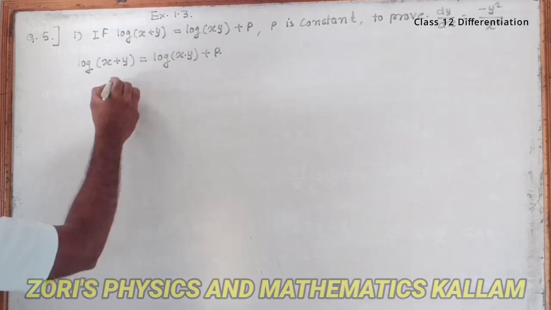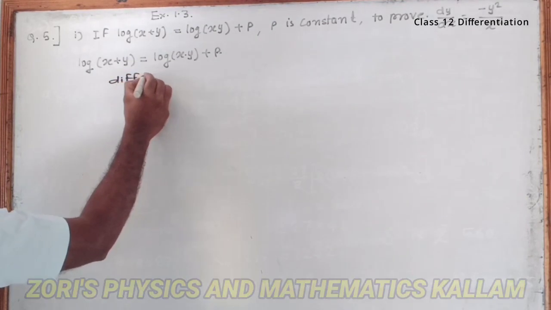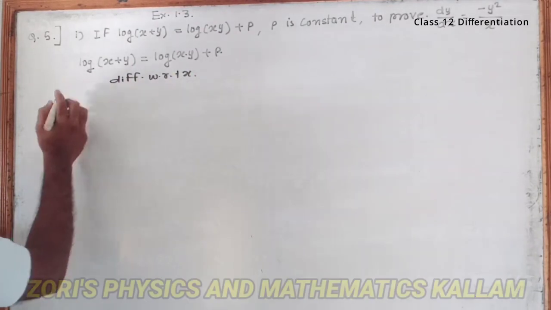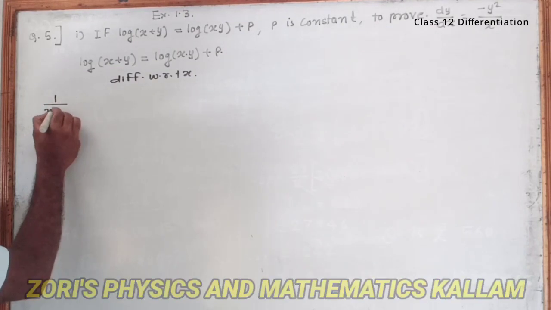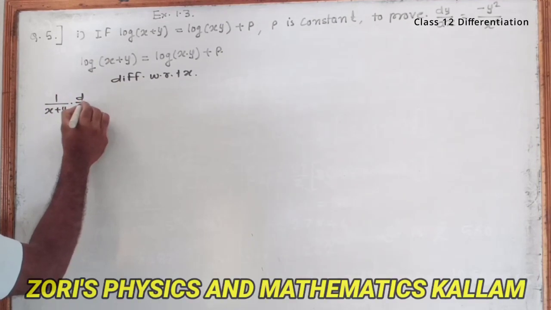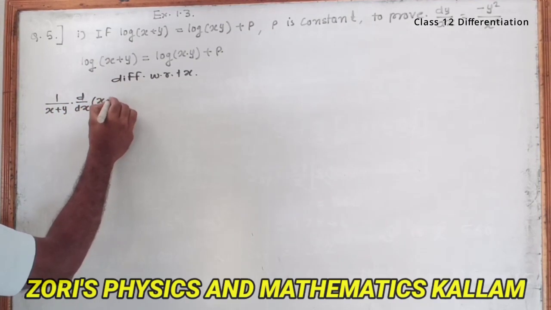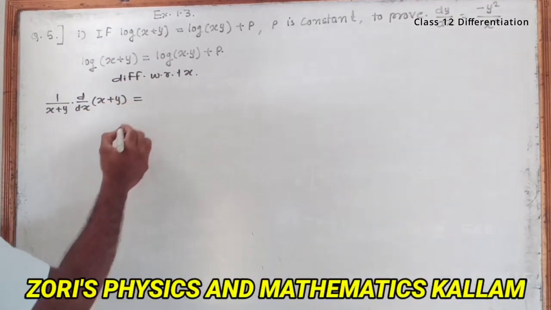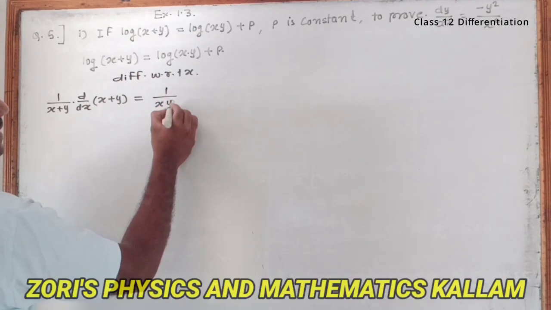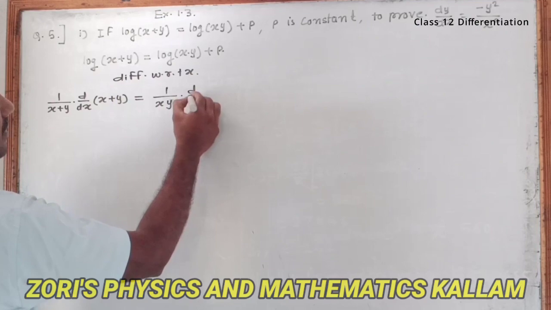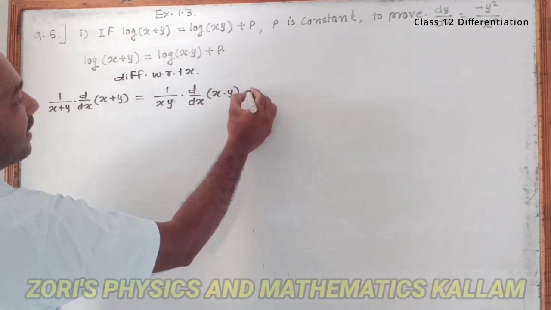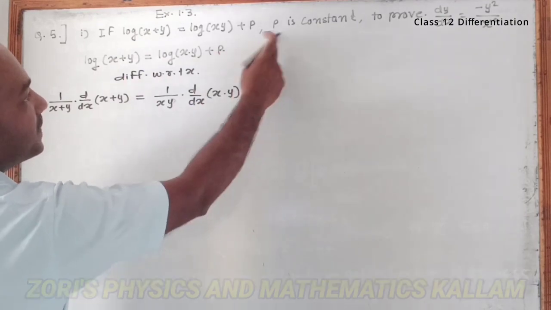The derivative of log(x + y) is 1/(x + y) into d/dx of (x + y), and that is equal to 1/(xy), the derivative of log, into d/dx of (xy), plus the derivative of p, which is 0 because p is a constant.